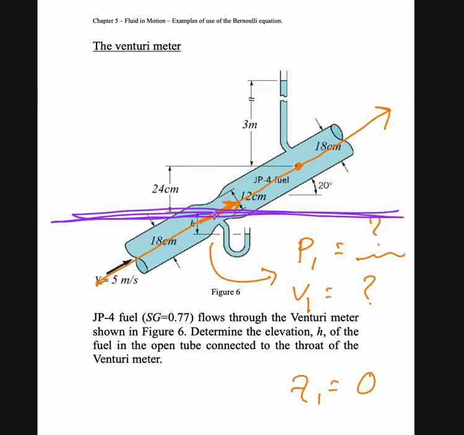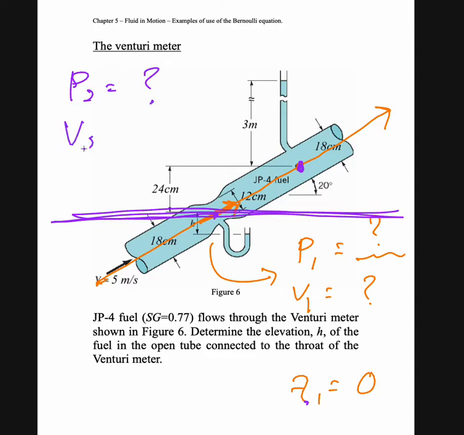So point number 1 is equal to 0 because it's on the datum. However, point number 2 will have 24 centimeter as the height because it is located 24 centimeter above the datum. So this is for point 1 and point 2. Again, P2 still has a pressure to be calculated.